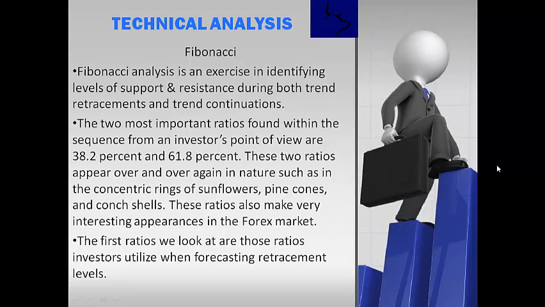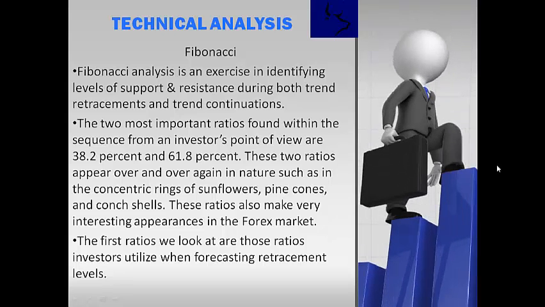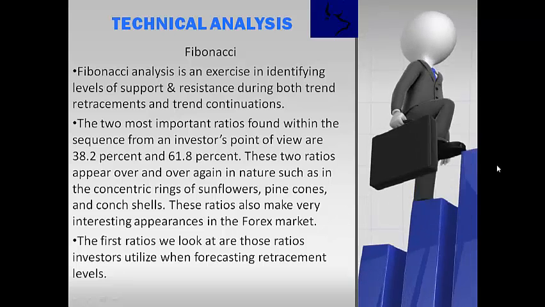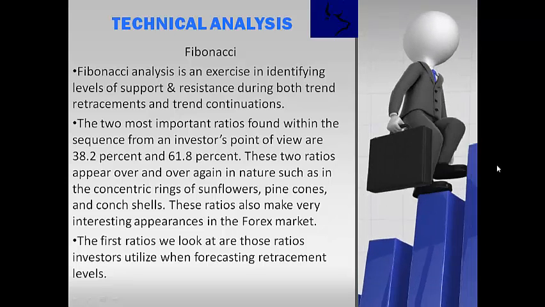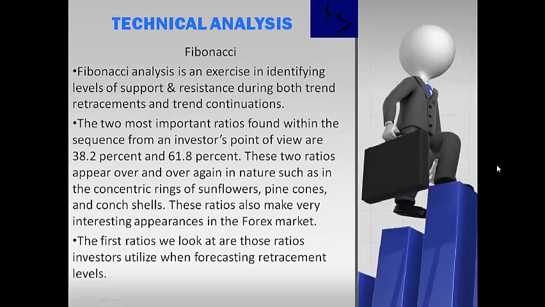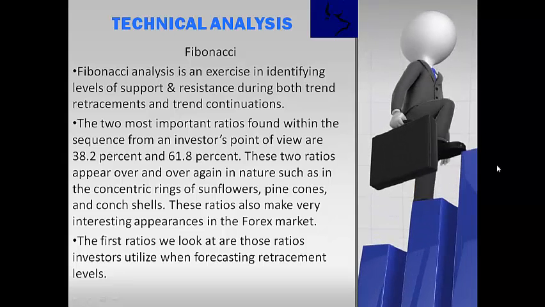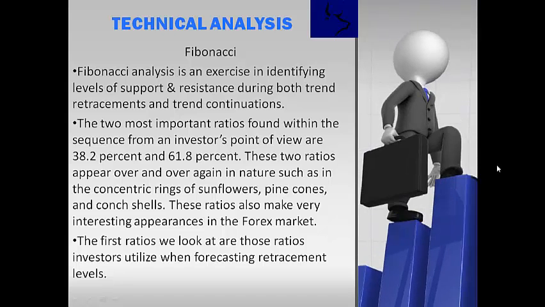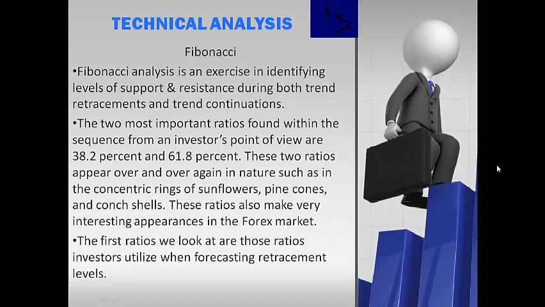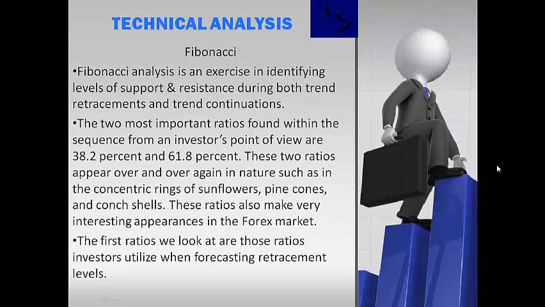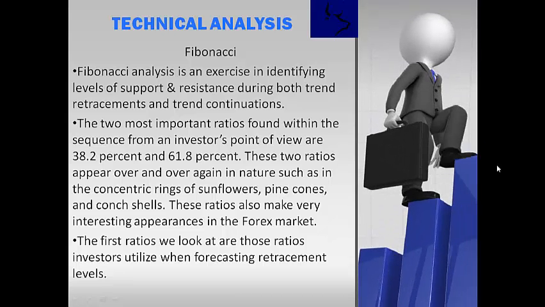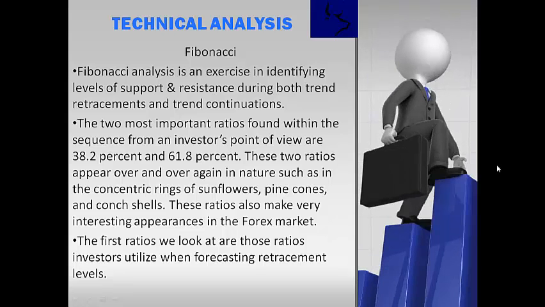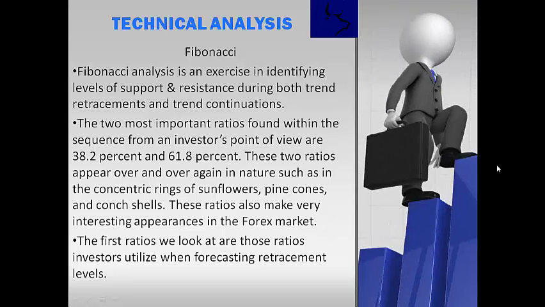There are two ratios in particular. Those are called the golden ratios. The two most important ratios found with this sequence from an investor's point of view are 38.2% and 61.8%. These two ratios appear over and over again, not just in the market, but in nature, such as in the concentric rings of sunflowers, conch shells, and pine cones.